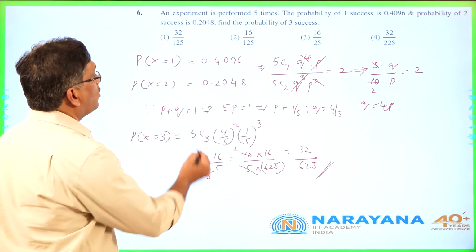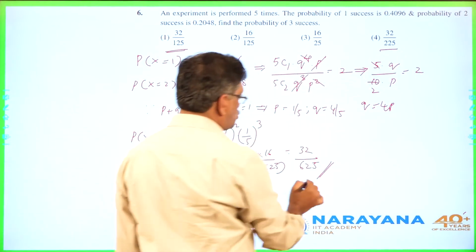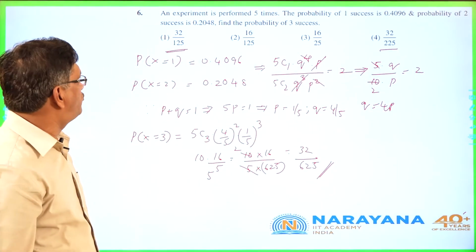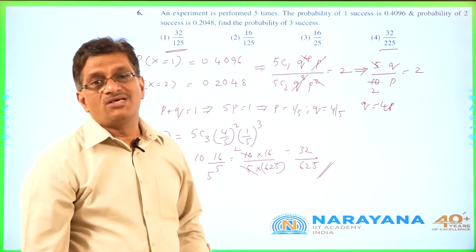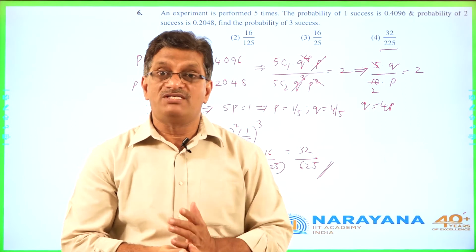I think it is one of these options, it should be 32 by 625, right? Please check out. As these are all memory based, 1 or 2 mistakes here and there may be possible, right?